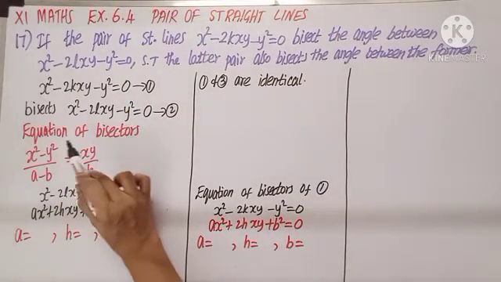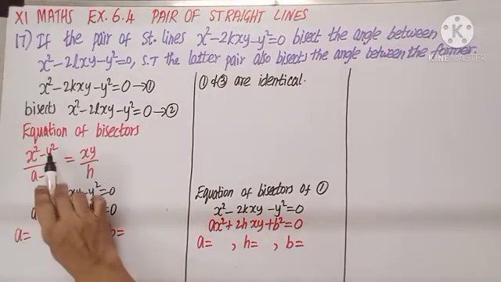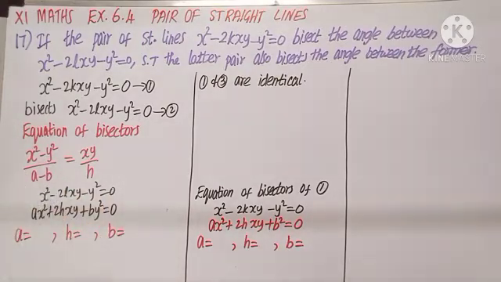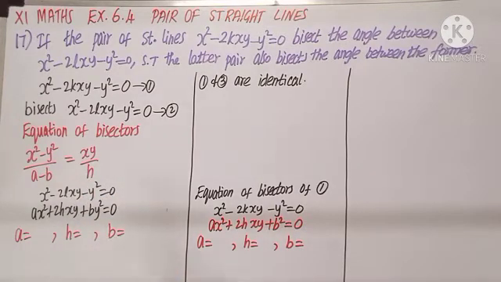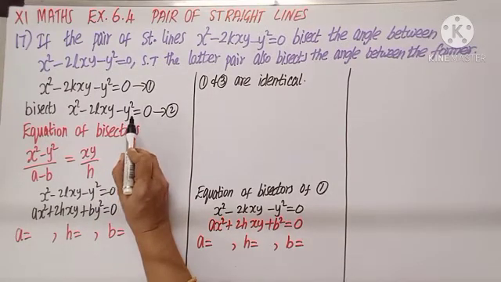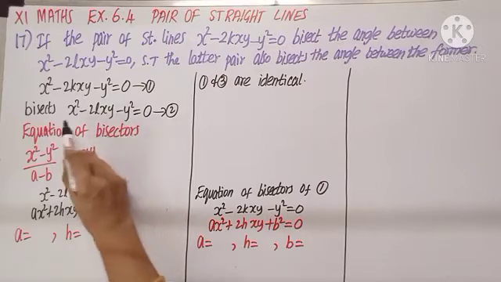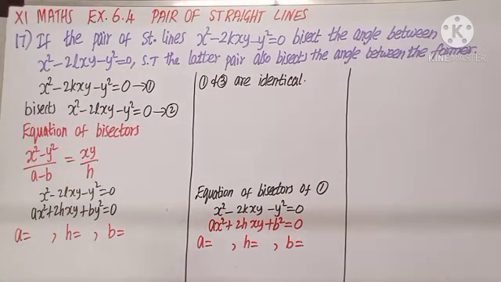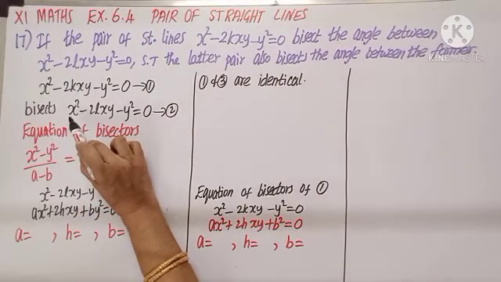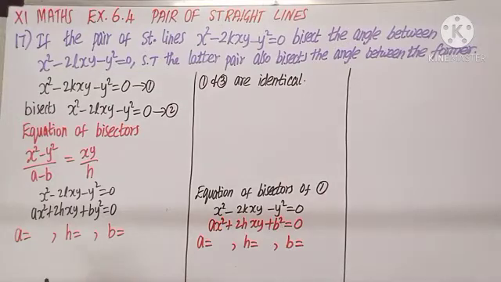What is the equation of bisectors? We know the formula: x square minus y square by a minus b equals xy by h. To apply the formula, let us write the equation. So here we get the bisectors as this equation. We know the equation x square minus 2lxy minus y square equal to 0.